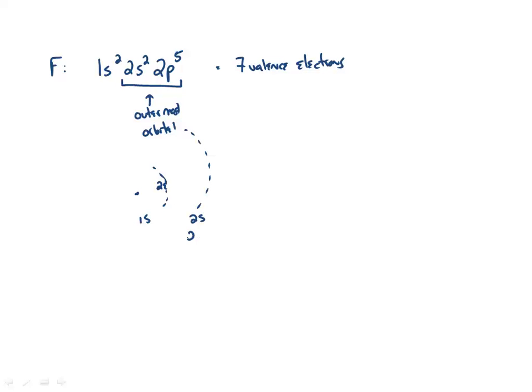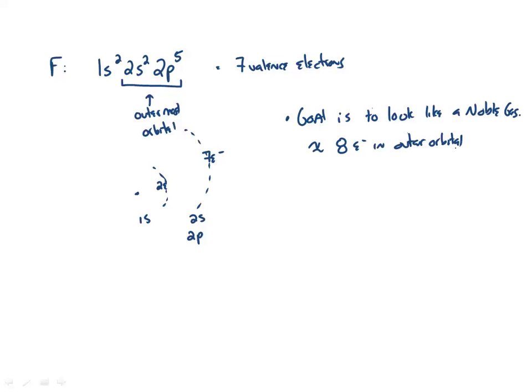Here's my 2s and 2p orbitals, and there's 7 electrons. So remember, its goal is to look like a noble gas. And what that really means is that it wants 8 electrons in its outer orbital. So for fluorine, it just has to gain 1 electron to do that. And so fluorine loves to gain an electron.